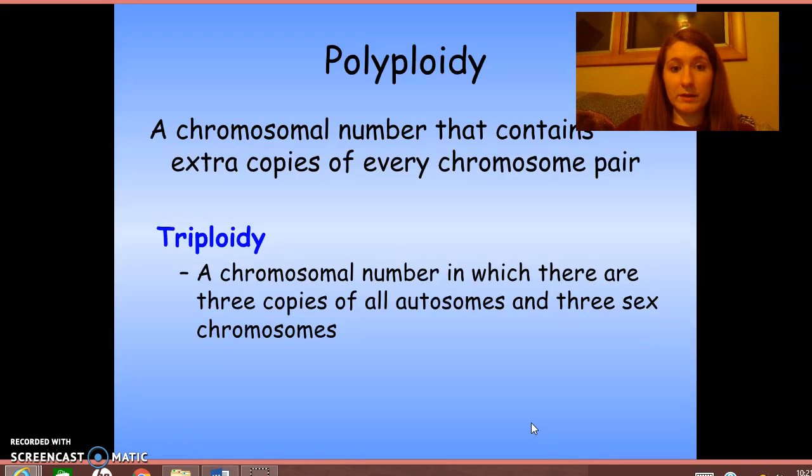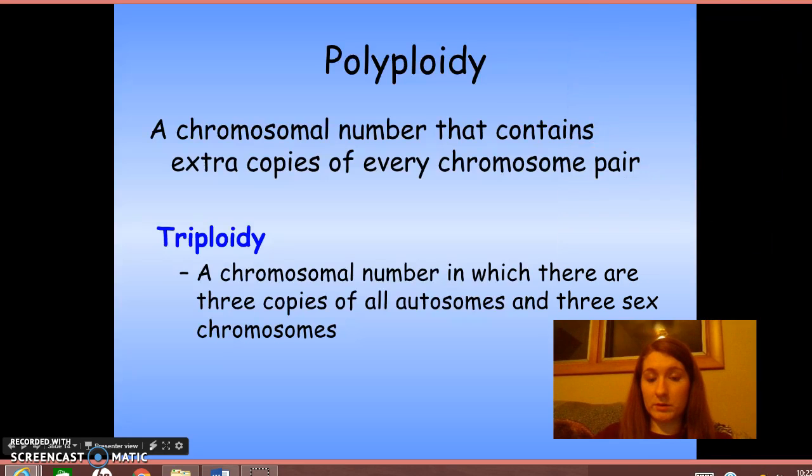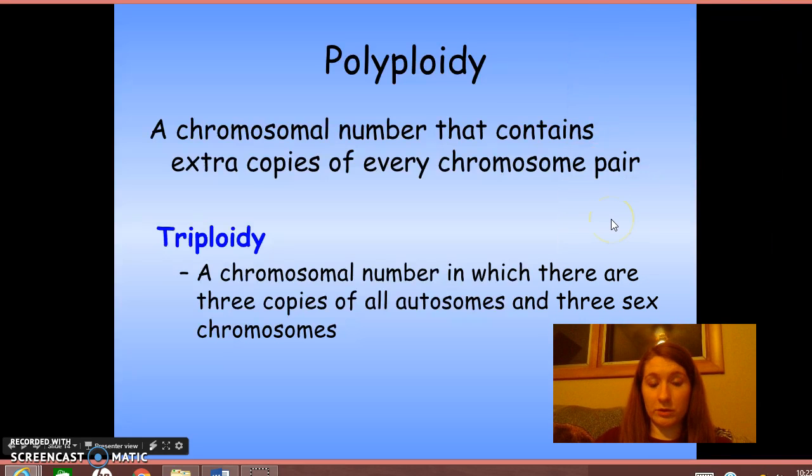So polyploidy means a chromosomal number that contains extra copies of every chromosome pair. That means every chromosome is going to have an extra one. So our 23, plus the extra, so 46, would have an extra 23.